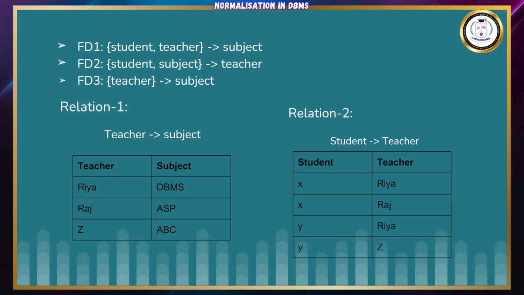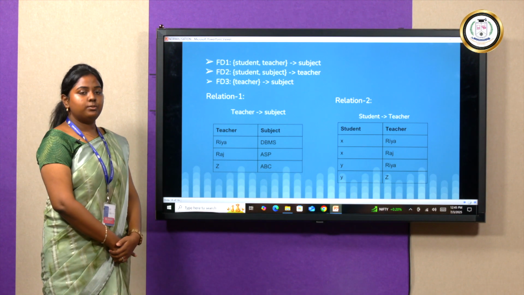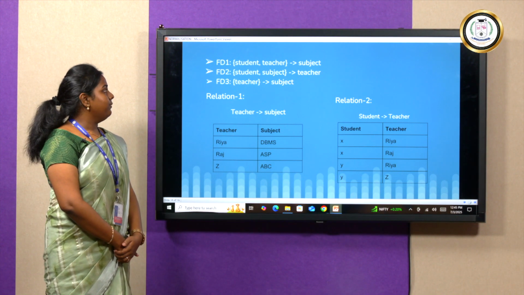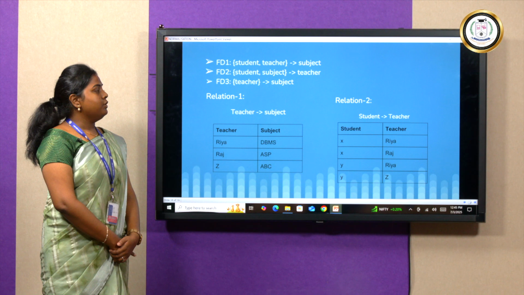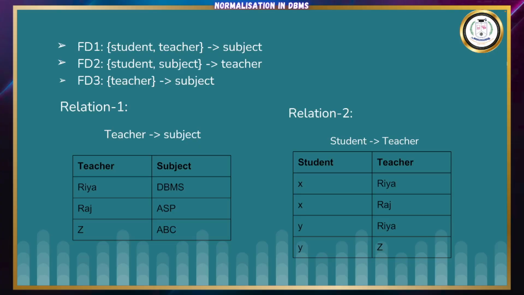Here we have three functional dependencies. The first is that student and teacher determine the subject. The second is that the teacher is related to student and subject. And the third is that the teacher chooses the subject and the student also chooses the subject.